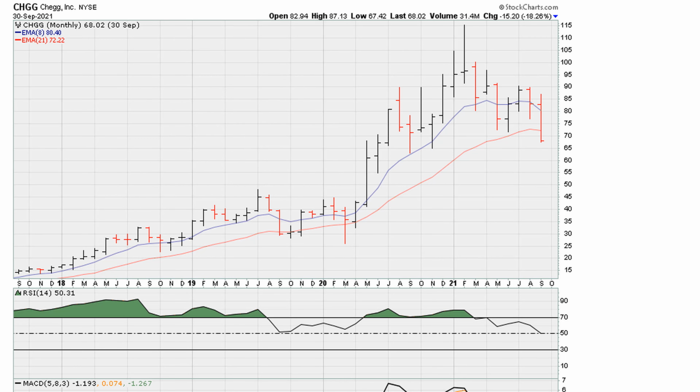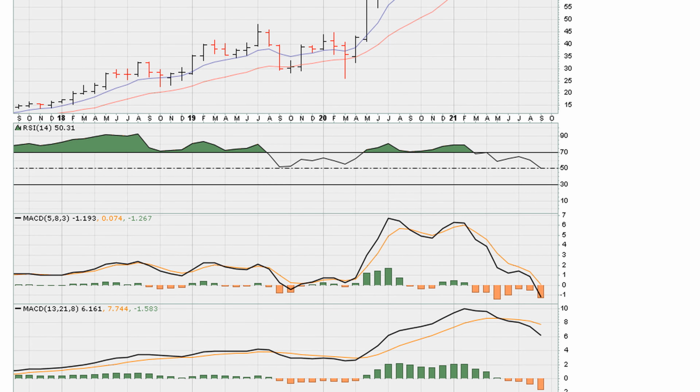Now you can see, if we take a look at the RSI and MACDs, by the end of September, the stock was just about, the threat of breaking to 3-year lows was there. This is the RSI. We can see by end of September 2021, the RSI, one of the MACDs had already broken below to 3-year lows.